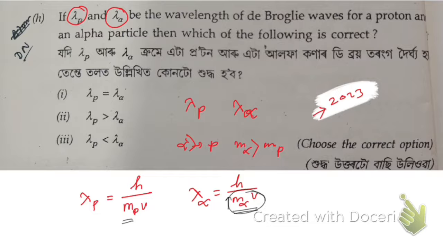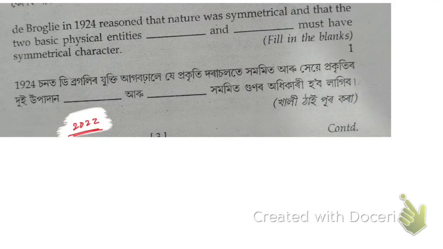Momentum is greater means wavelength is shorter. So that's why the correct option is this. So wavelength of alpha particle is shorter than proton, so wavelength of proton is longer than alpha. That means option 2 is correct. Hope you have understood.